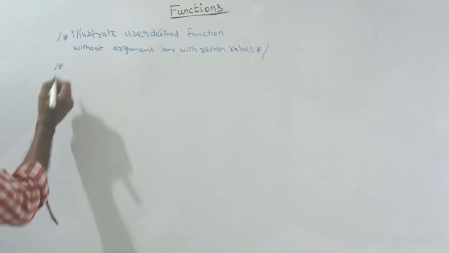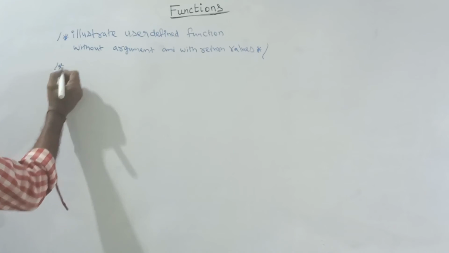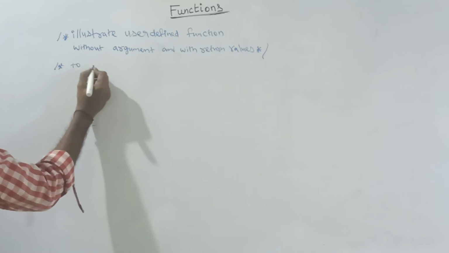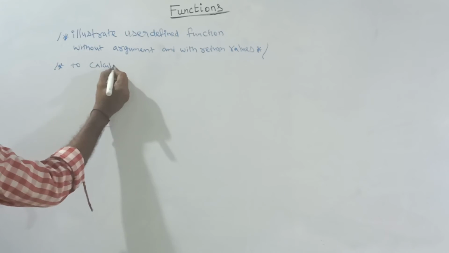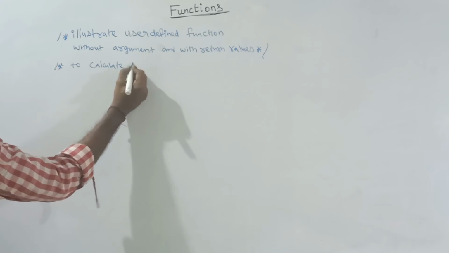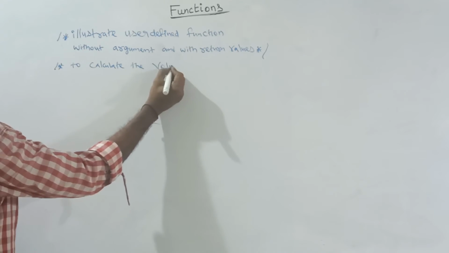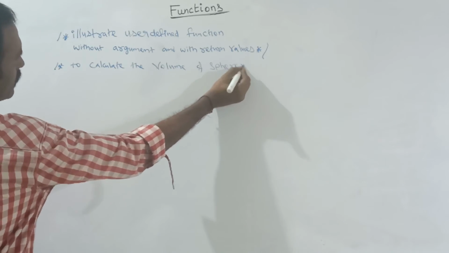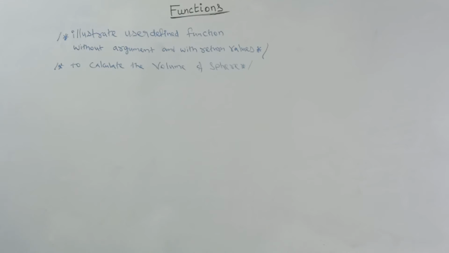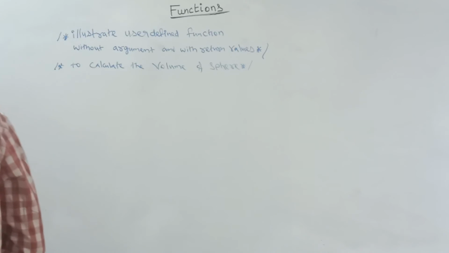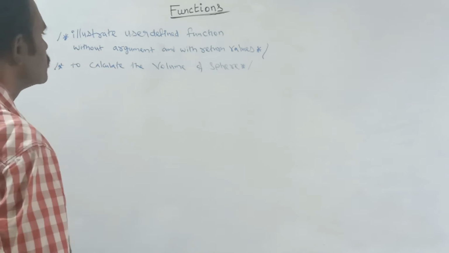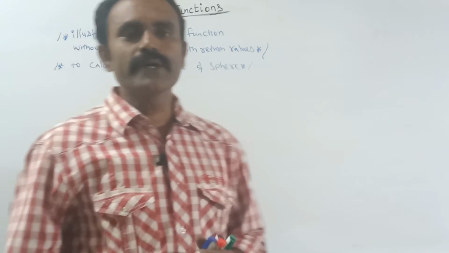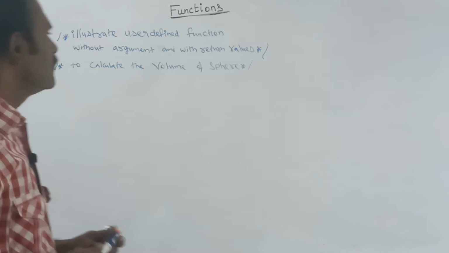Here we are going to calculate, this program is used to calculate the volume of sphere. What is the volume of sphere? 4 by 3 pi r cube, that is the volume of the sphere.